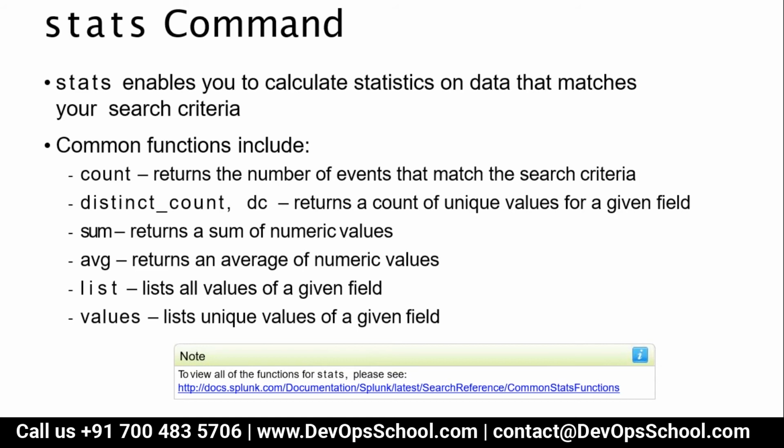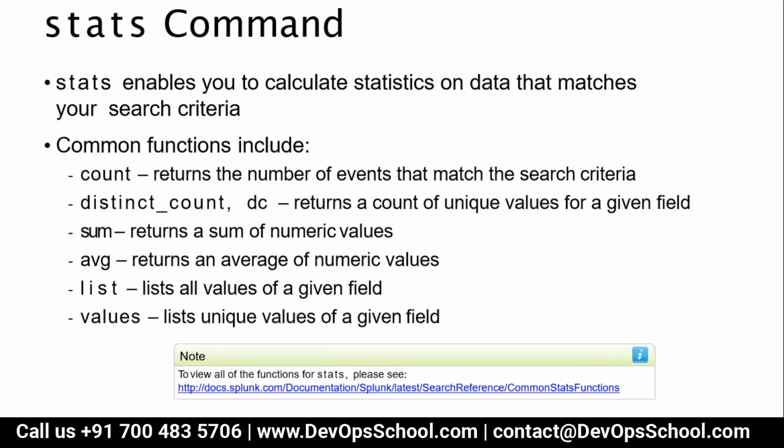Whereas distinct count returns only the count of unique values for a given field. So in count you may have duplicate entries, but here you have unique values for the given field. Sum, as it suggests, returns the sum of the numerical values. Average returns an average of the numerical values of that particular field.